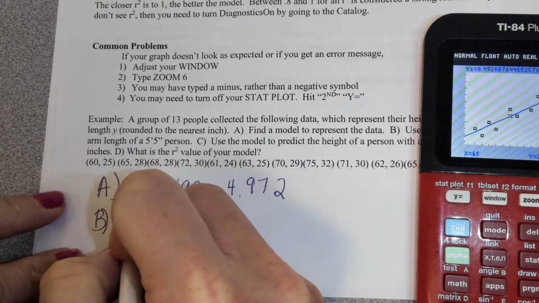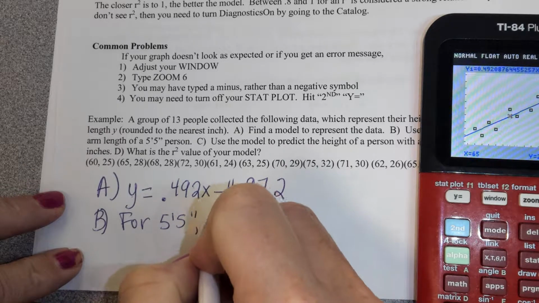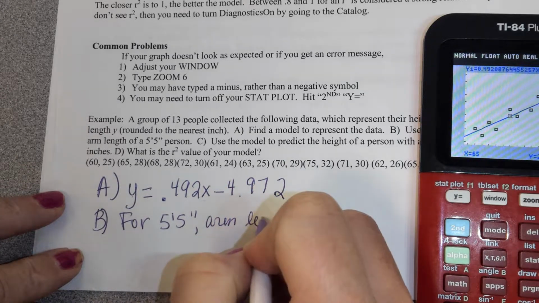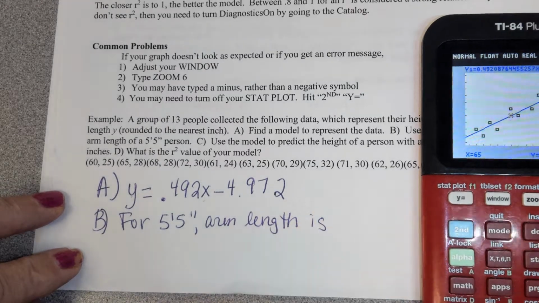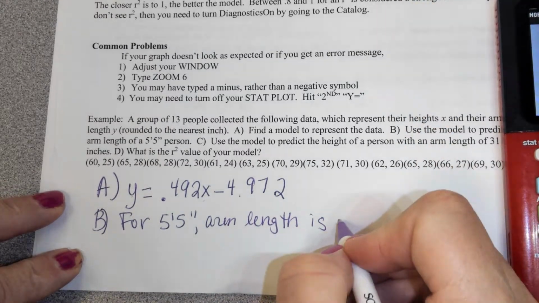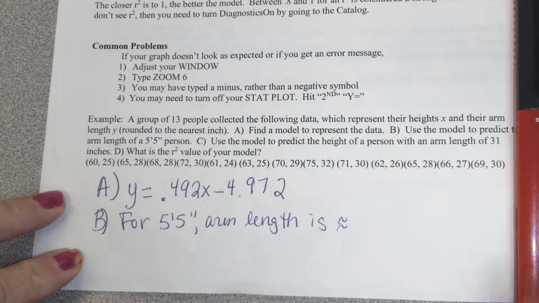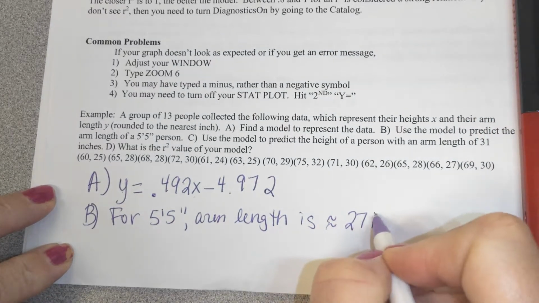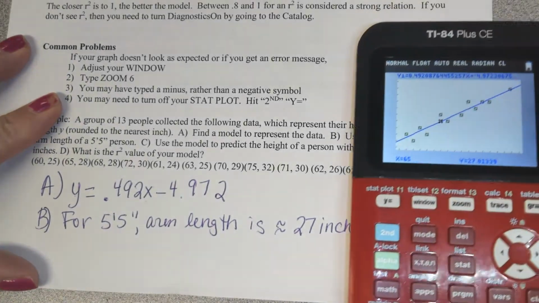So for 5'5" arm length is approximately 27 inches. That's one way to do that.